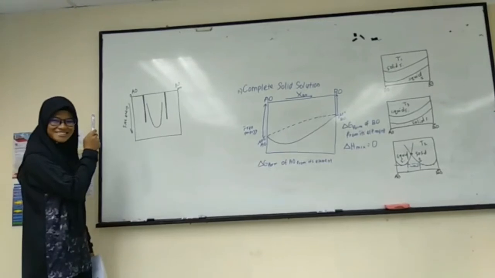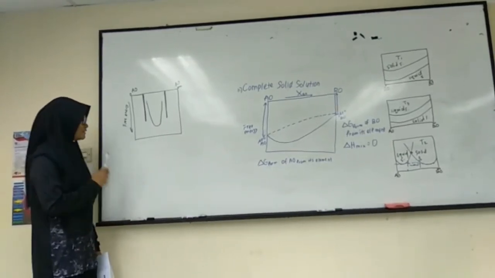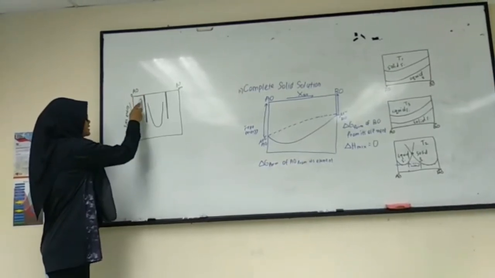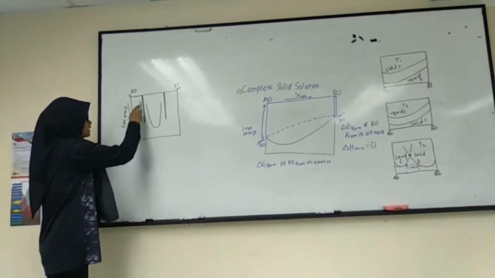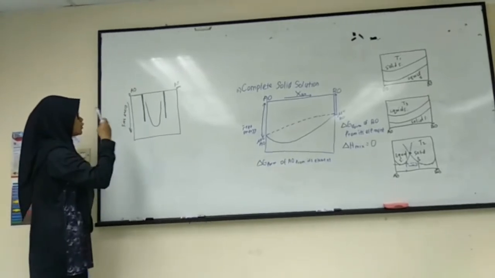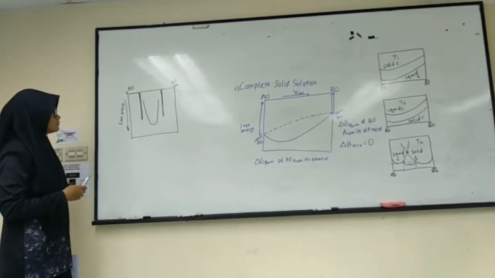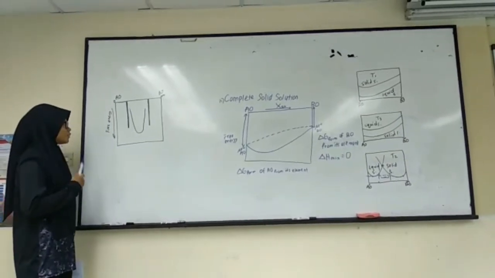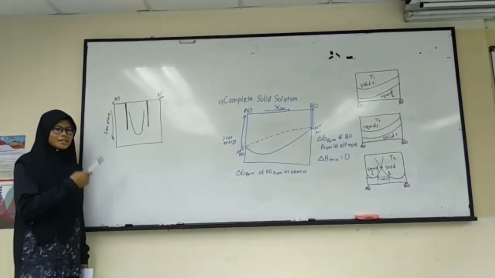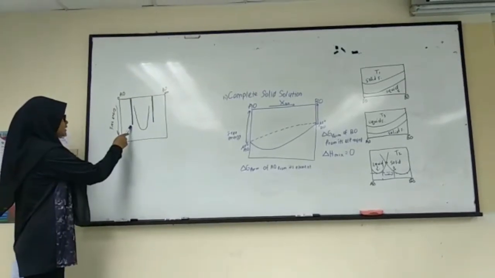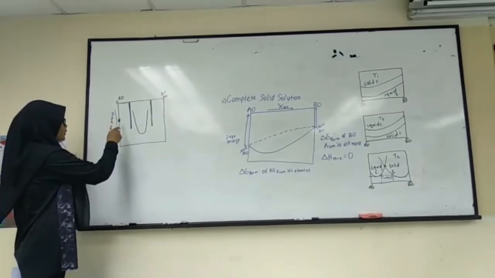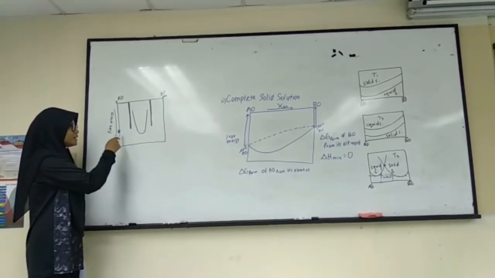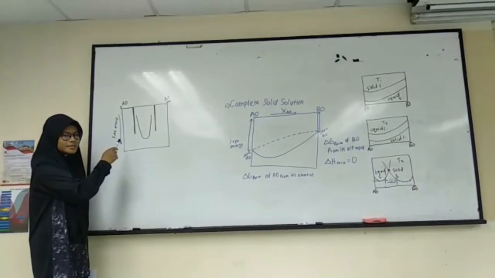This graph is a stoichiometric and non-stoichiometric composition graph. This line represents the stoichiometric compound. This line shows the stoichiometric compound, which only exists over a very narrow condition.